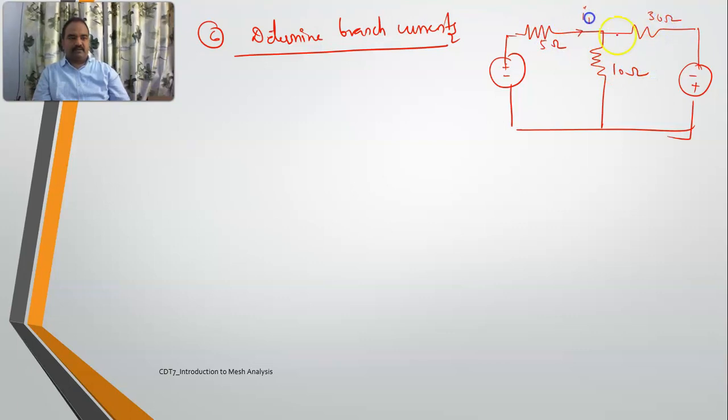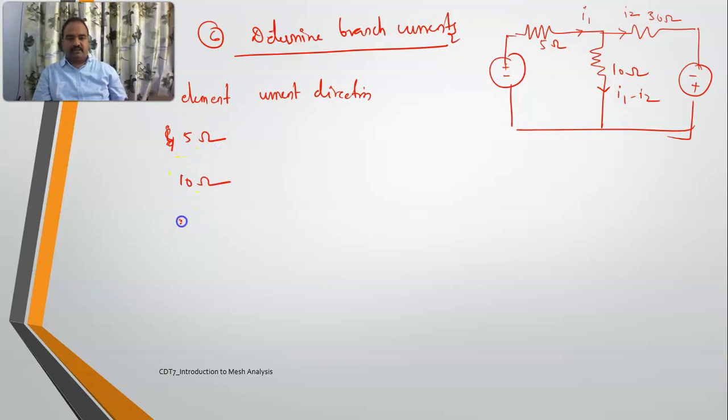This is I1, this is I2 and this is I1 minus I2. So what was the element and what was the current direction? This we have written already, right?